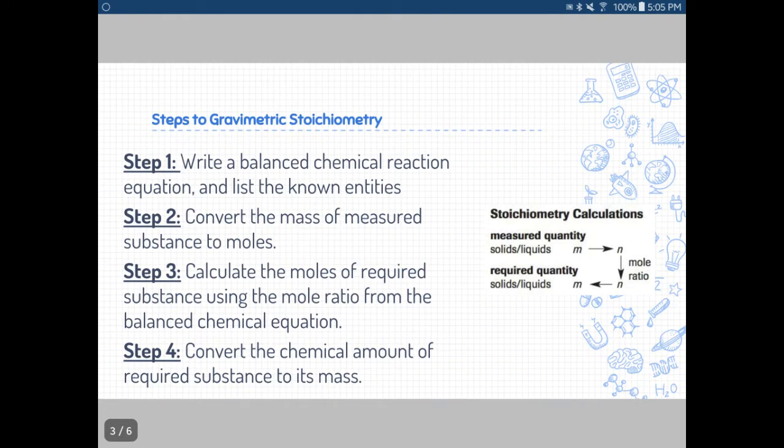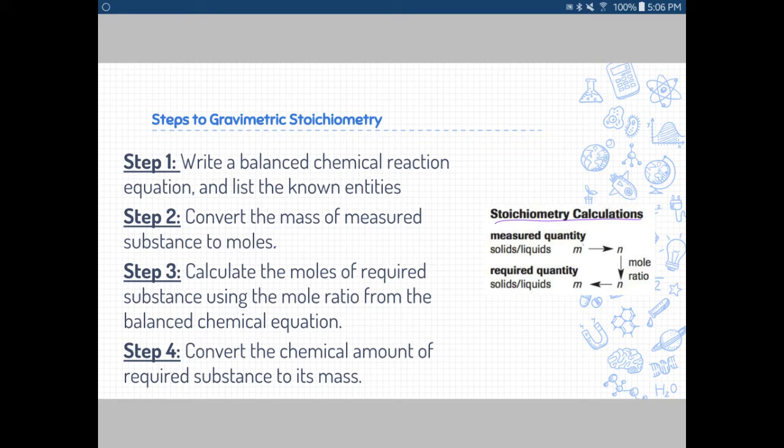In order to figure out any stoichiometric calculation, I'm going to run you through the steps first, and then we're going to look at a few examples. Step number 1, we write out a balanced chemical reaction and list all known entities. Then we convert the mass of our measured substance into moles. So we go from mass to moles, which is what you see here with our stoichiometric calculations on the side.